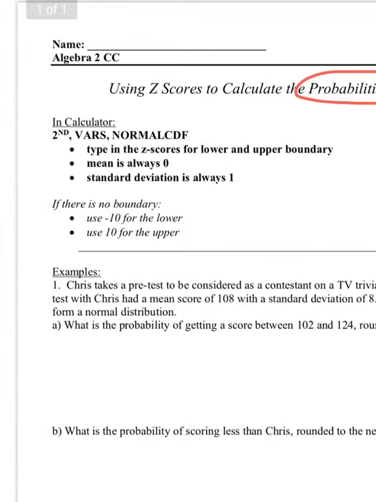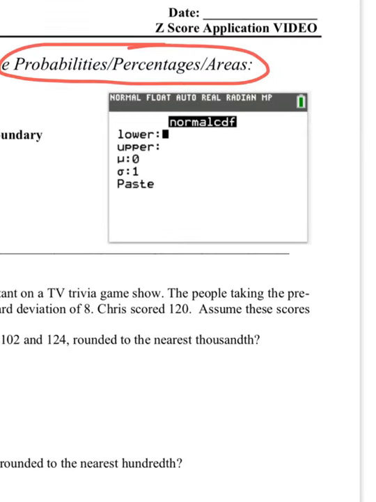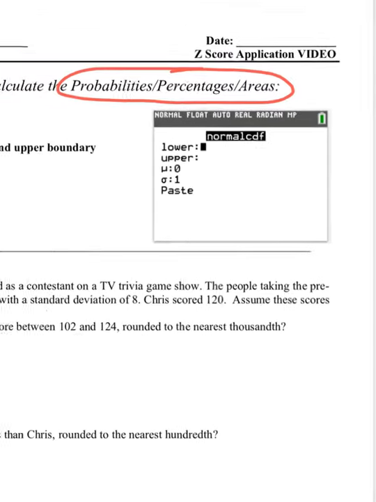Press second vars, which is next to the clear button, and then the second one in. It says normal CDF, and it'll look something like this on the right. You'll see lower, upper, and then mu, which is the mean, and the other Greek symbol, sigma, which is standard deviation, and then it'll say paste, okay?